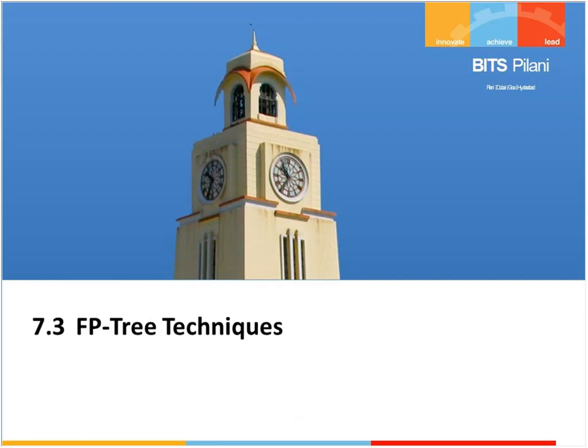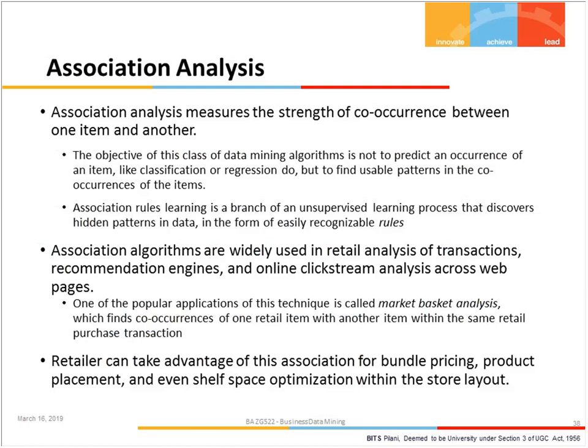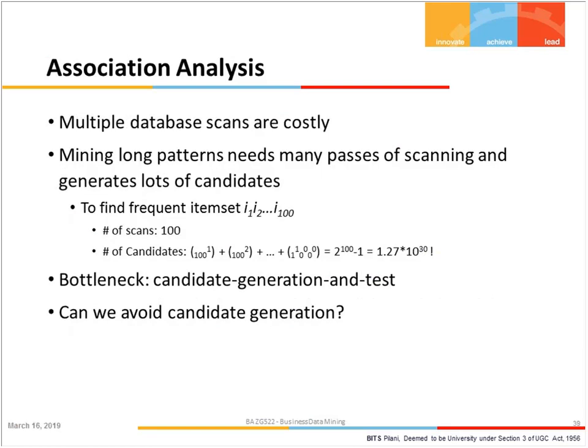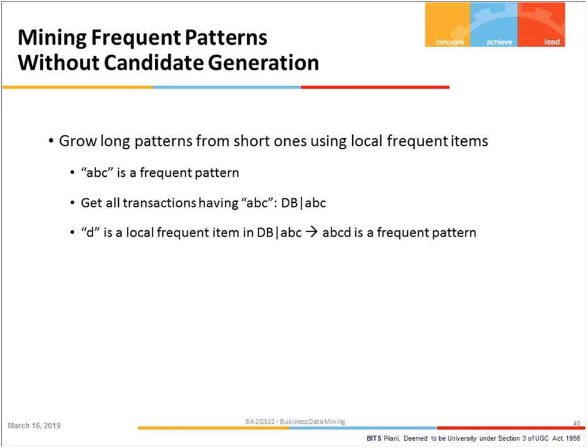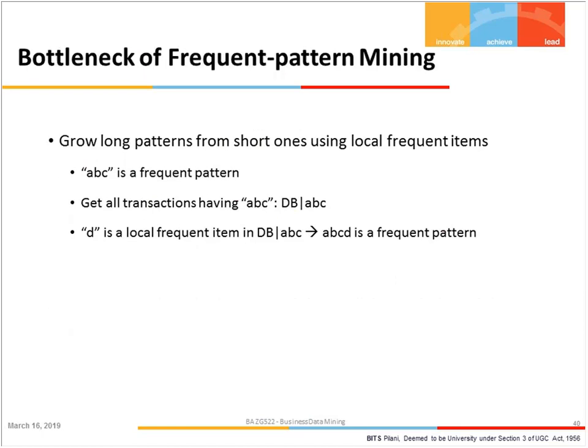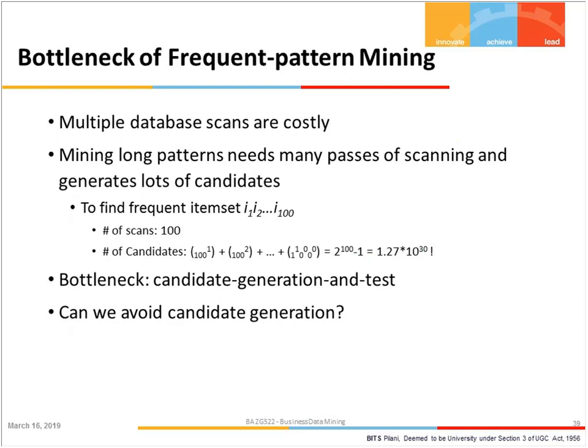But the frequent pattern tree will try to overcome that problem of Apriori, where we need to do multiple scans of the database if there is a wide item set which is frequent. We have almost come to the end of our duration, so we will discuss the frequent pattern tree in the next class.